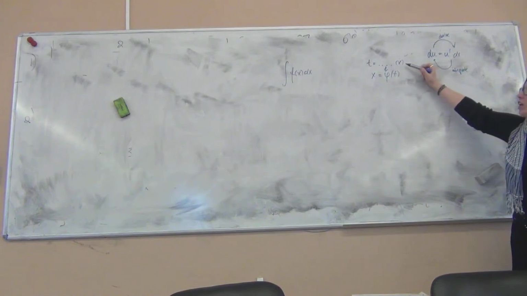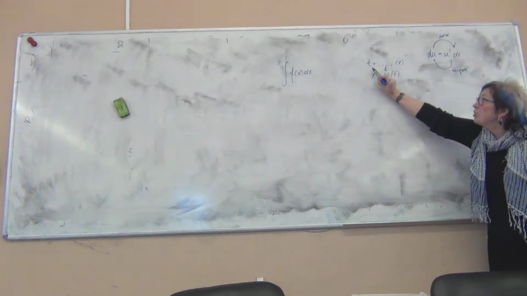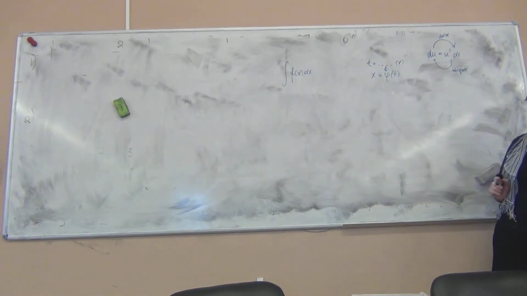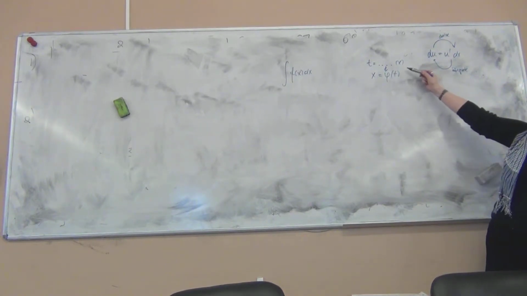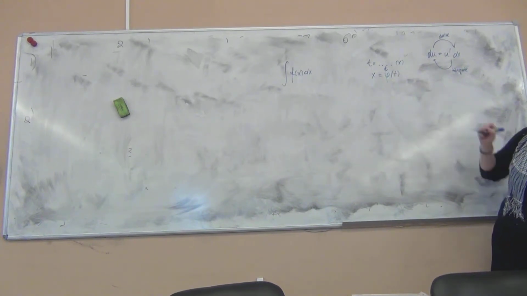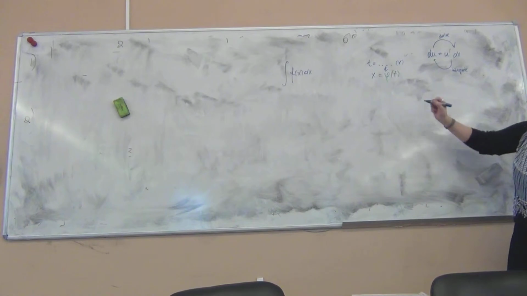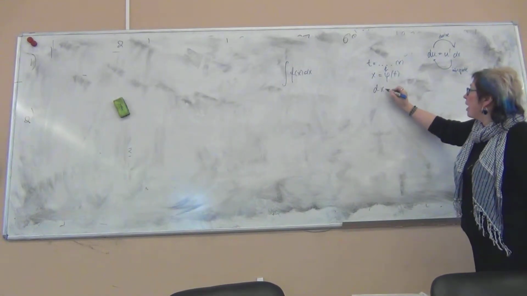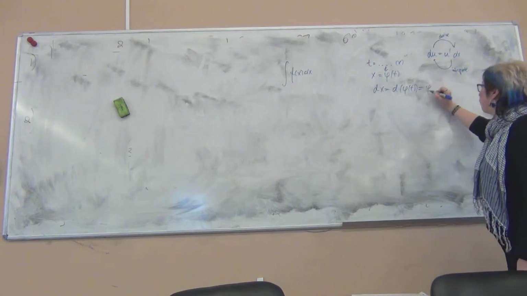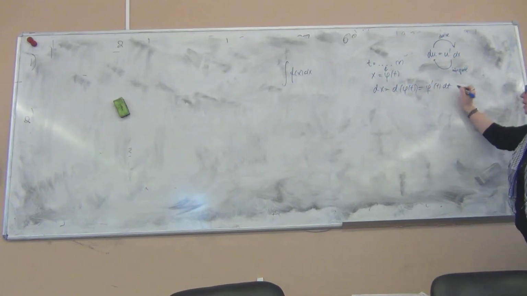So I choose t to be a part of that integrand, the function inside the integral, and then I express x from there. Of course I have dx, so I can write dx is d of phi of t, which means it's phi derivative dt.